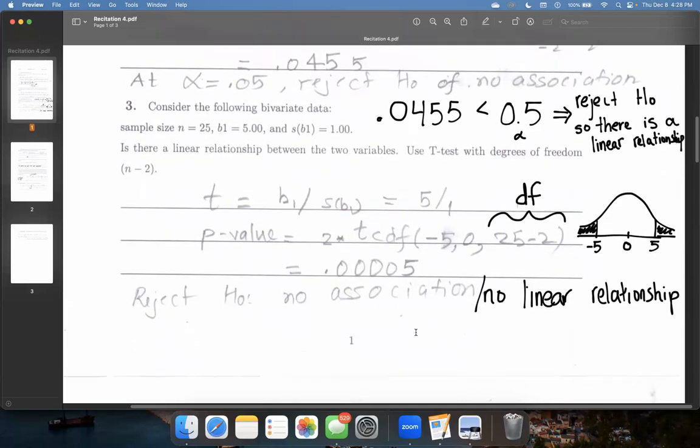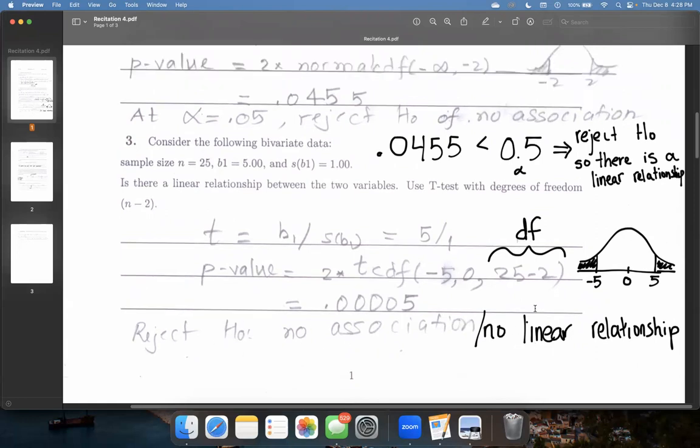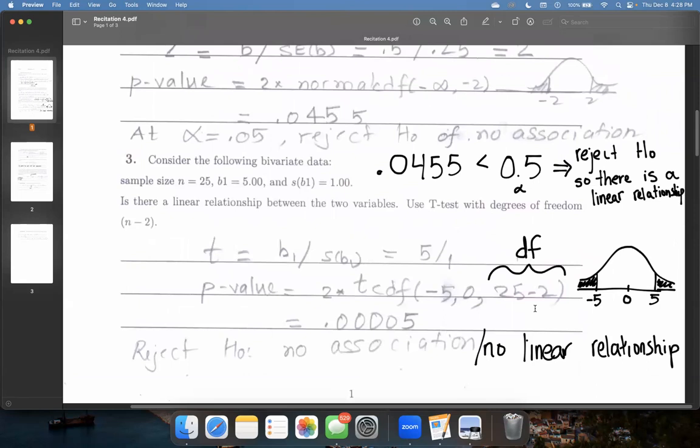And so we're going to reject H naught, which is no association. That's what our H naught is. However, I meant to write, since we're rejecting H naught, there is a linear relationship.